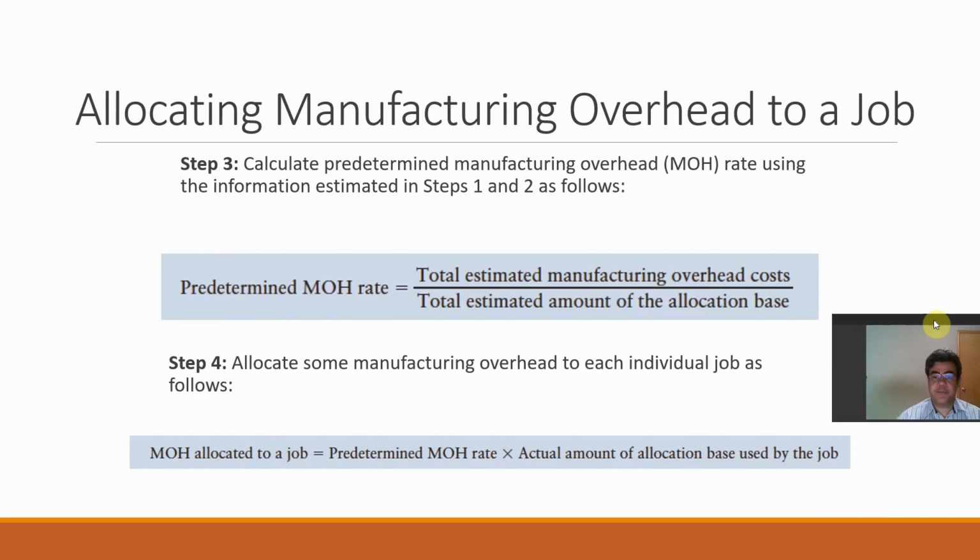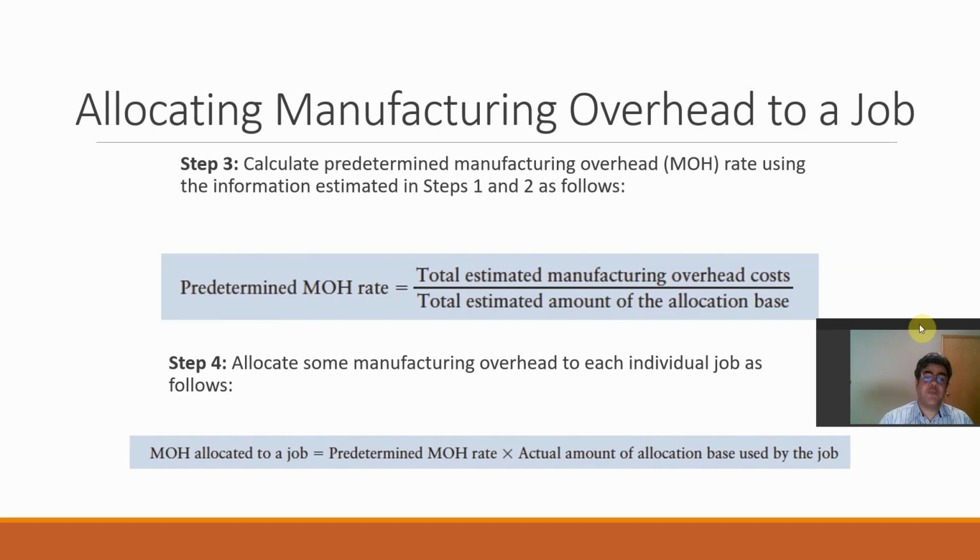Step number three, calculate the predetermined manufacturing overhead rate using the info estimated in steps 1 and 2 as follows. Predetermined manufacturing overhead rate equals total cost divided by total amount of the allocation base.